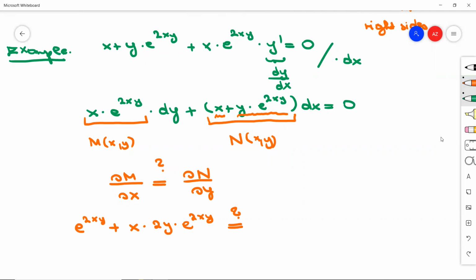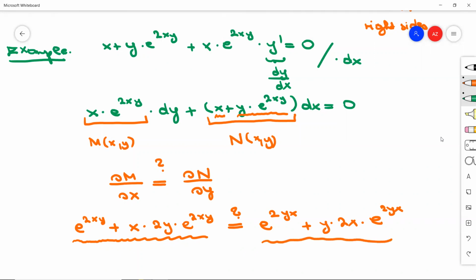So we can just rewrite the left-hand side, only swapping x and y: e^(2yx) plus y times 2x times e^(2yx). We see that this is in fact the same. So the condition to check whether the potential function u exists is satisfied. So this is really an exact differential equation.